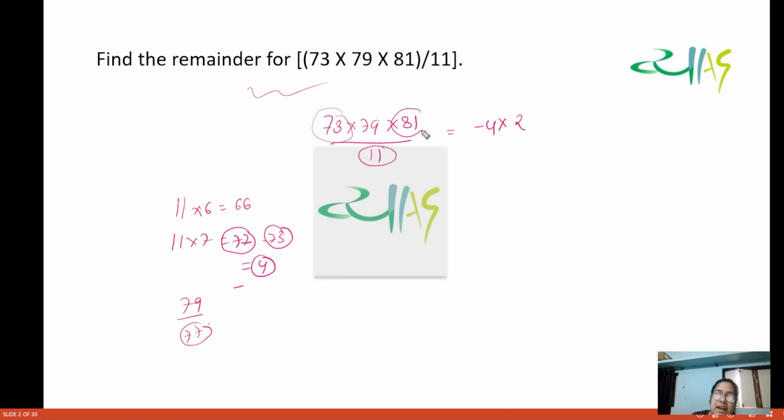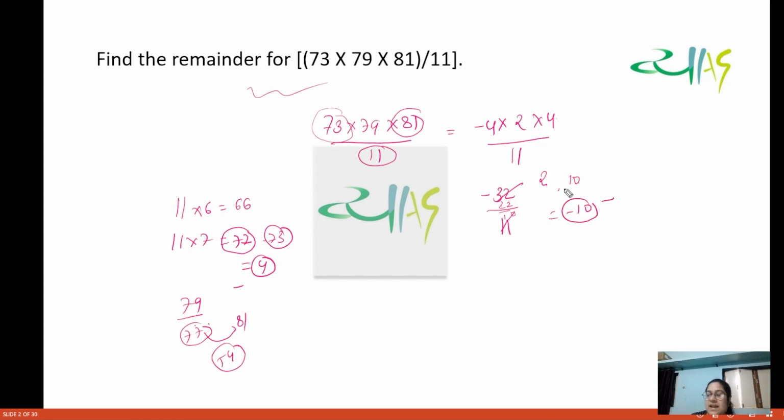And similarly for 81, from 77 to 81 you have plus 4, so your remainder will be 4 only. So this divided by 11. Now this is -4 into 2 into 4, that is -32. Now 11 will go 2 times, then you will get the remainder as minus 10.